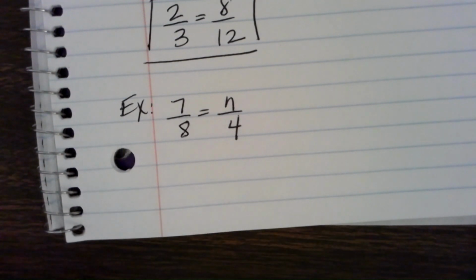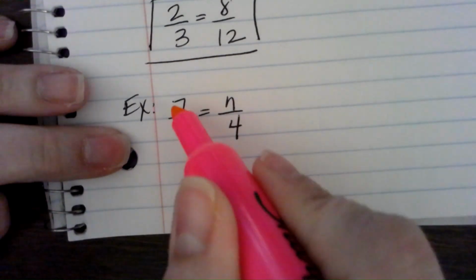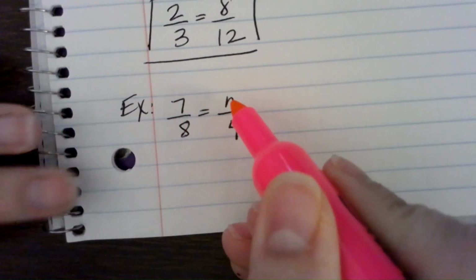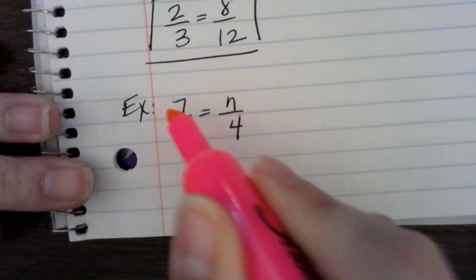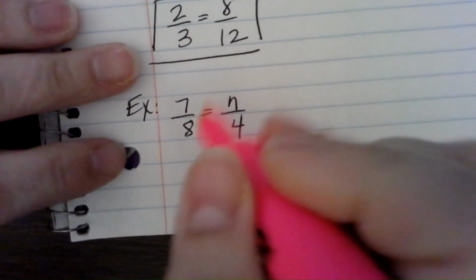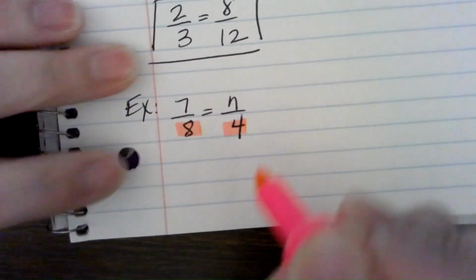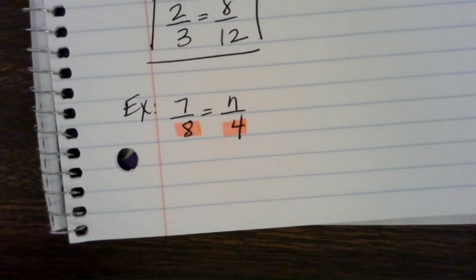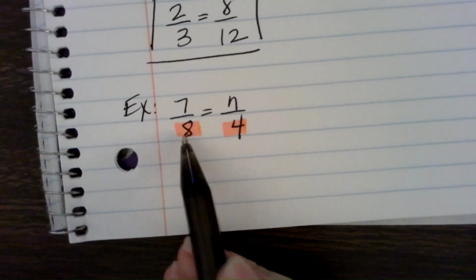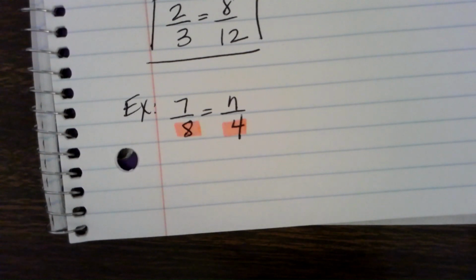What we want to focus on is, again, what is it that we know? 7 and n, 8 and 4, right? Whatever 7 is, whatever n is, they should be equal to each other as far as our fraction is concerned. But what I do know down here is I can compare the 8 to the 4. That much I know.